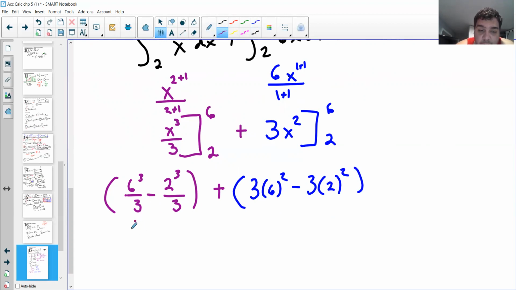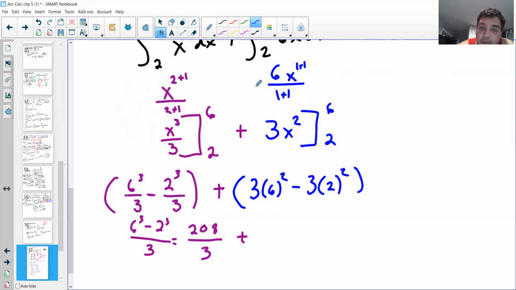So in the purple here, we could do 6 cubed minus 2 cubed over 3. And that should be 216 minus 8. That'd be 208 over 3.